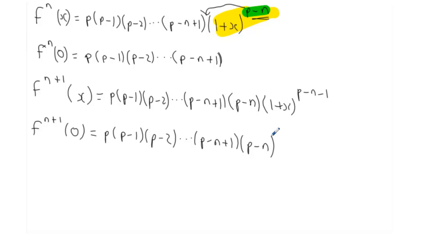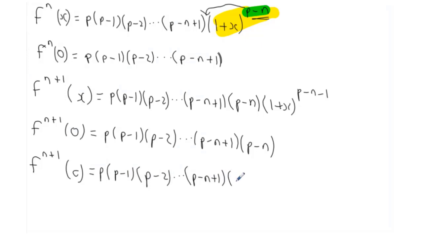Okay, if we evaluate it at c, the n plus 1th derivative evaluated at c, which we will use later, is going to be p minus 1, p minus 2, dot, dot, dot, p minus n plus 1, p minus n, and obviously you've now got 1 plus c to the power of p minus n minus 1.